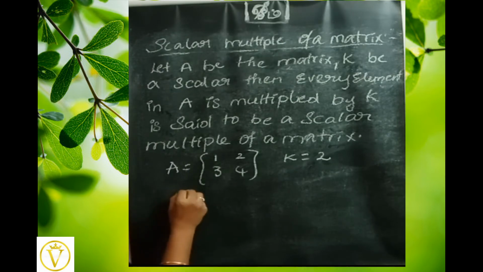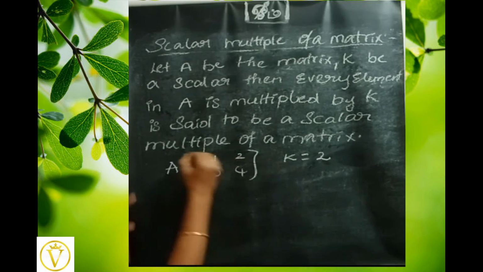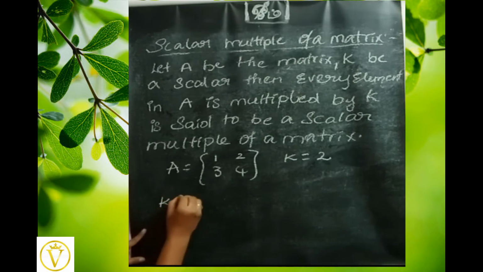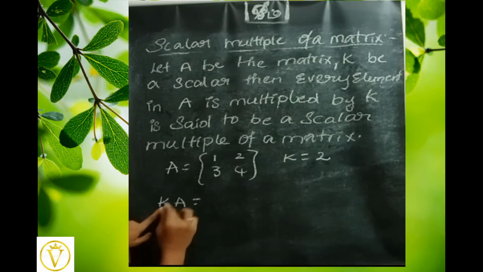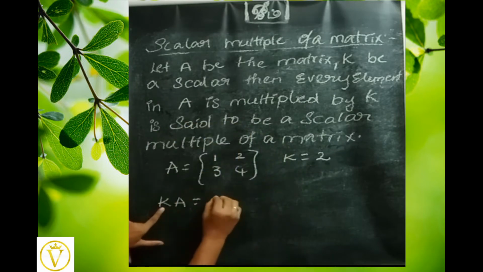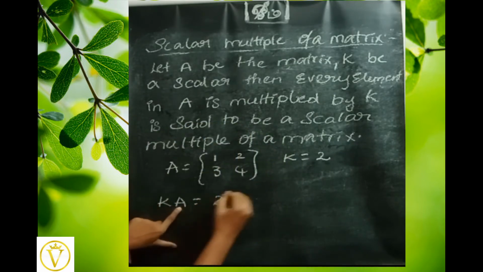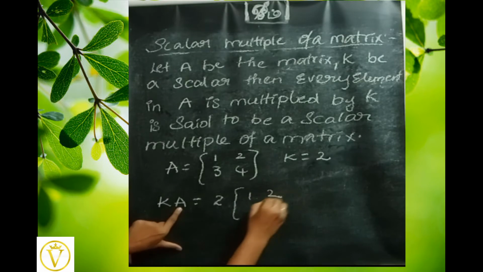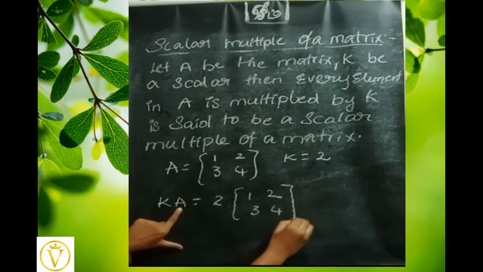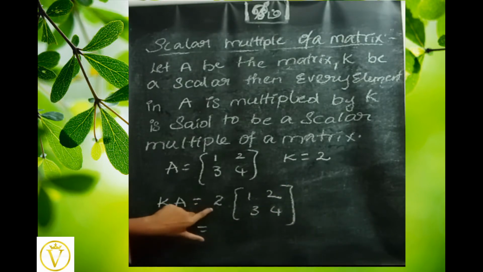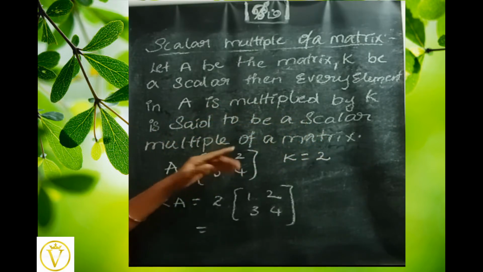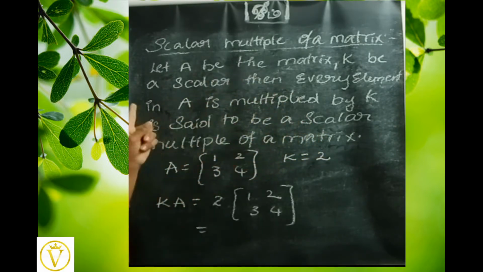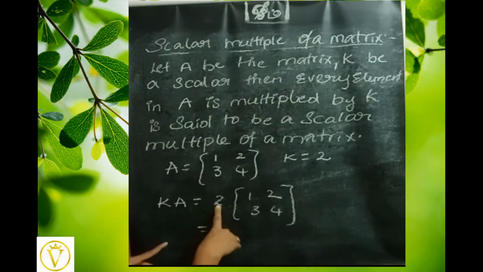See here, now we have to multiply. kA equals, what is the value of K? I have taken 2, and A is the matrix. Every element is to be multiplied by this 2.